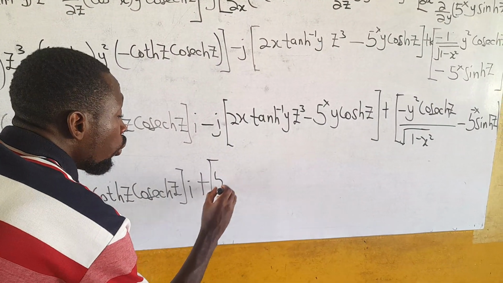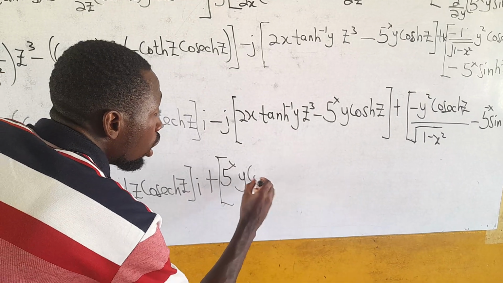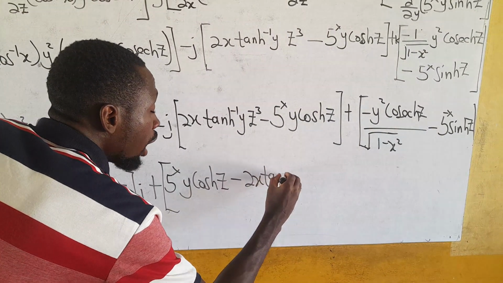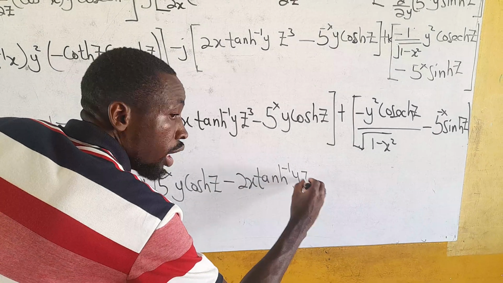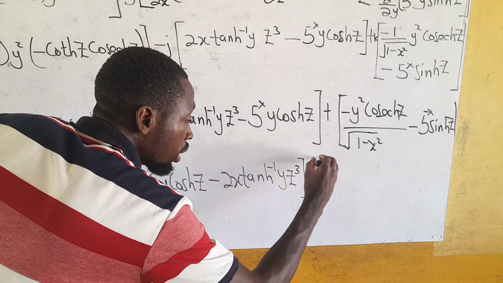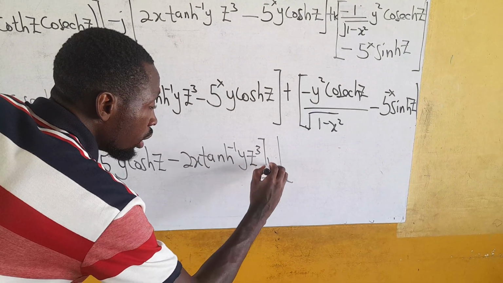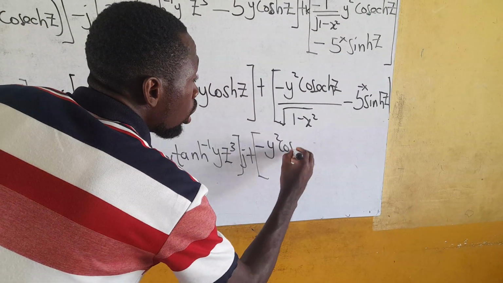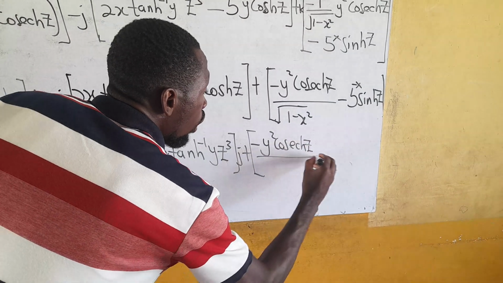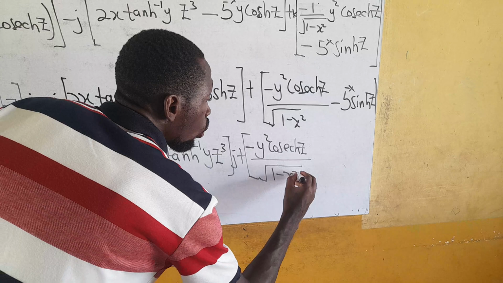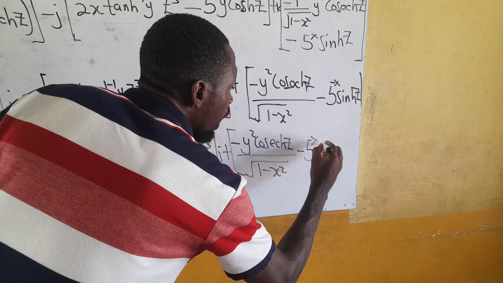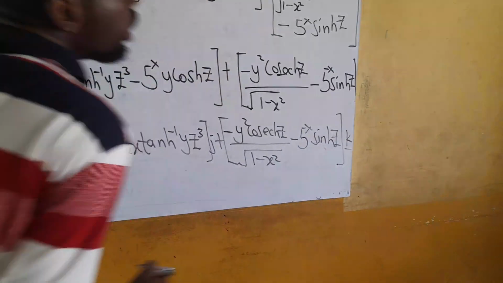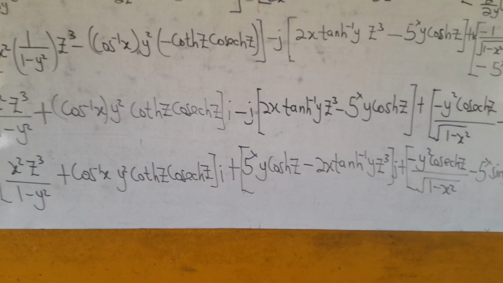So plus 5 exponent xy cosh z, then minus 2x tanh inverse of y z cubed, then plus all this in the j direction, then plus negative y squared cosec z over the square root of 1 minus x squared, then minus 5 exponent x shin z, and all this in the k direction. Then this becomes the curl of the vector field.